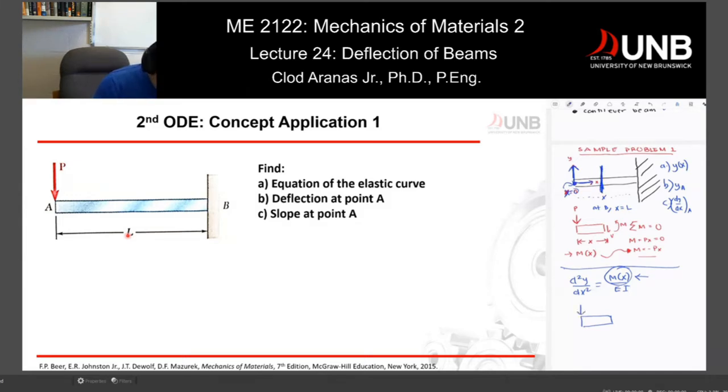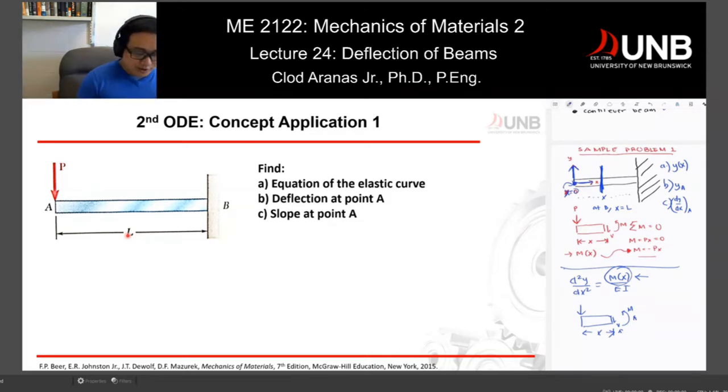Once I section it, I get a certain length of x, which could be anything between A and B. Once I cut my beam, anywhere between A and B, I have a value for my shear and a value for my moment. I normally use this convention whenever I cut, so that everything is the same. Once you cut it, you have a certain value of shear at the end to make it equilibrium, and you have a certain value of M.